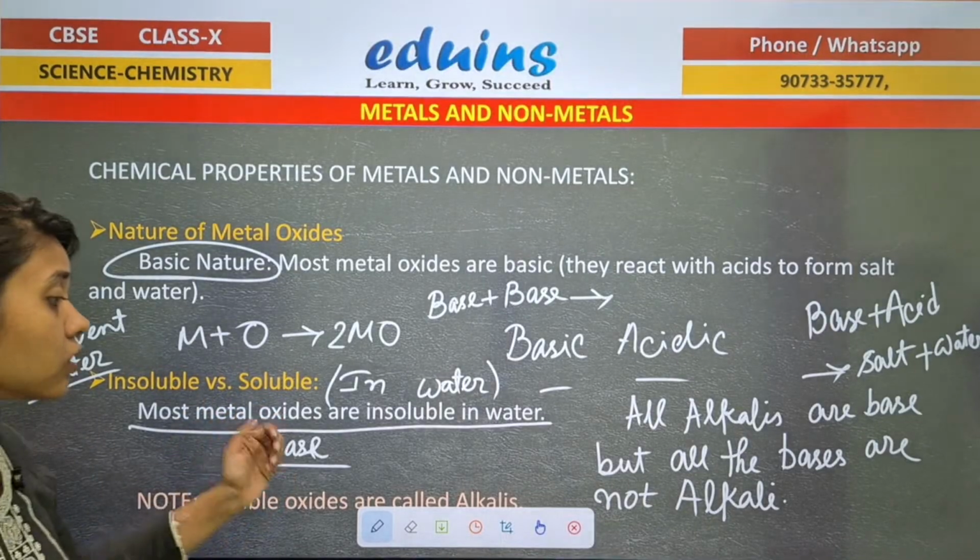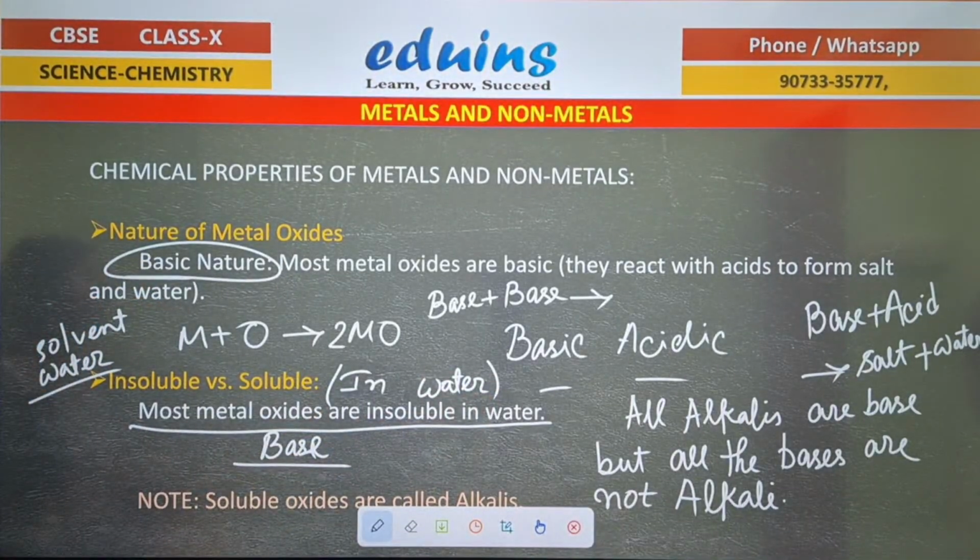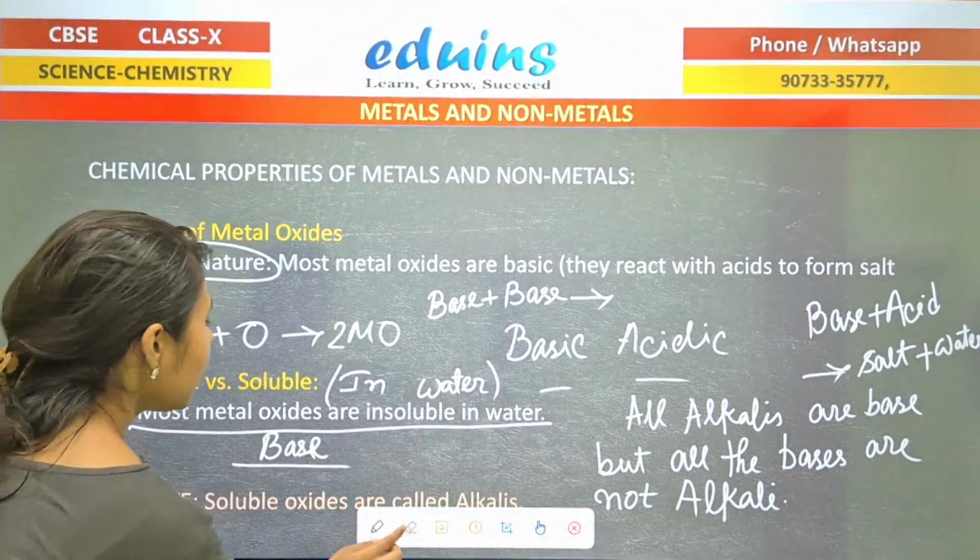So all alkalis are bases, but all bases are not alkalis. Do you have any doubt? Most metal oxides are insoluble in water, so most bases are not soluble in water. The bases which are soluble in water are called alkalis. Now we go to the next page.